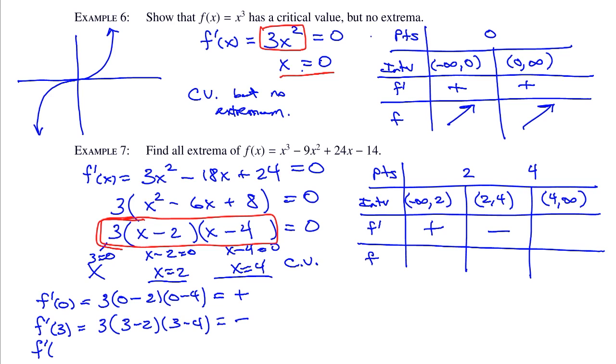And then f prime of 5. It's 3 times 5 minus 2, and then 5 minus 4. Positive, positive, positive gives a positive. So it tells me we're increasing, decreasing, increasing.